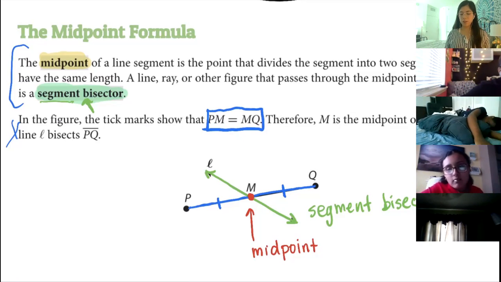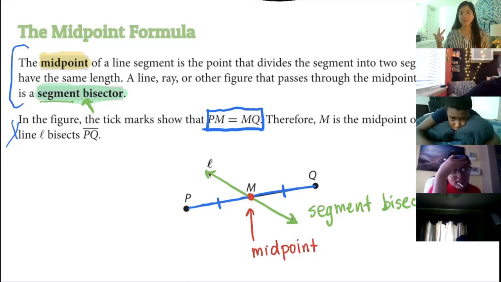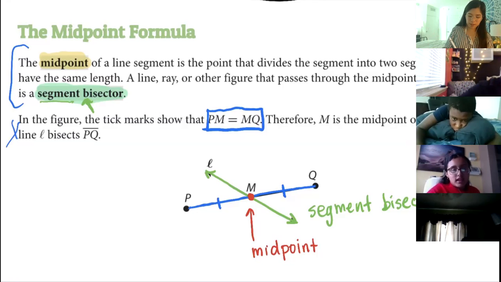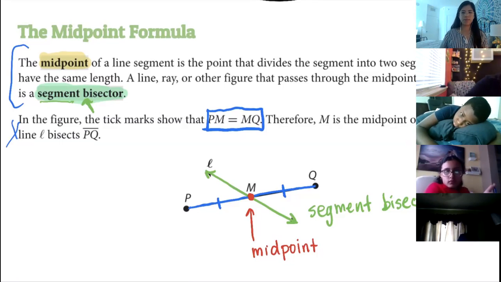The blue one, is that a line segment, a line, or a ray? Oh, it's because I saw points, and I was thinking arrows are points. So the blue line is a line segment because it has 2 points at the end. That's a line with the arrows. This guy's a line segment, and then the green one, since it has 2 arrows, that's just a line. Good question. Any other questions?